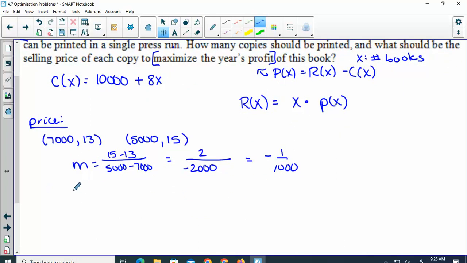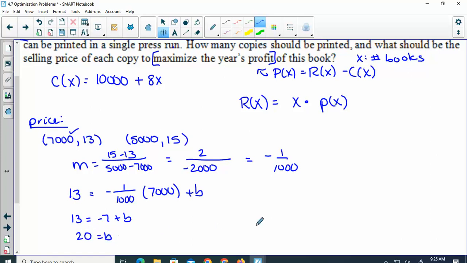Plug into y equals mx plus b, so let's say I use the first point. That is my 7, my y-intercept is 20.